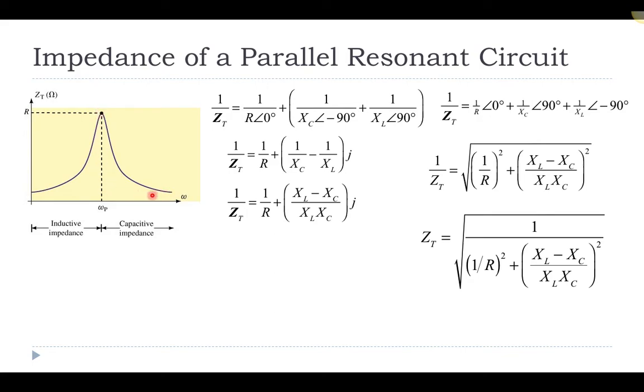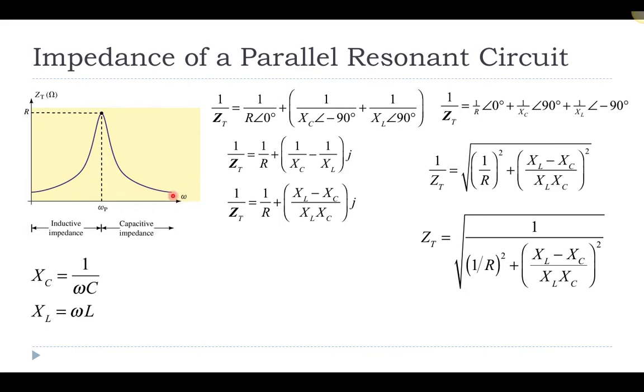So now we're interested in looking at what happens when the frequency increases beyond the resonance frequency, and also what happens when it's below the resonance frequency. So I keep in mind that the capacitive reactance is 1 over the angular frequency times the capacitance, and the inductive reactance is the angular frequency times the inductance. I have to really think through this.